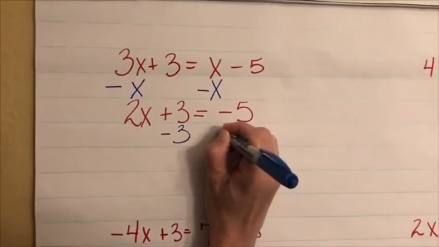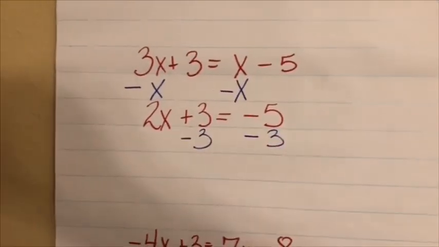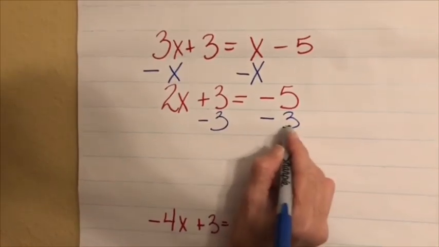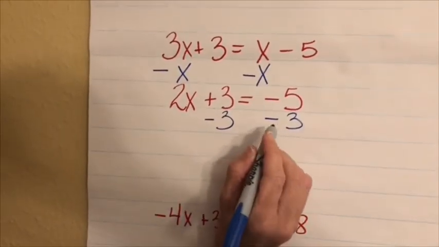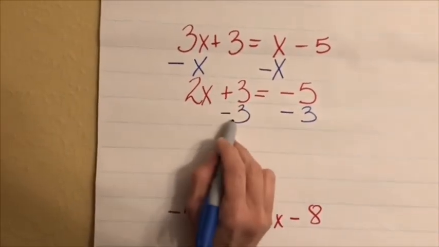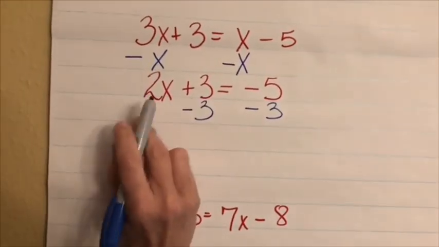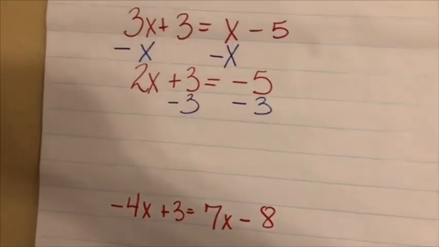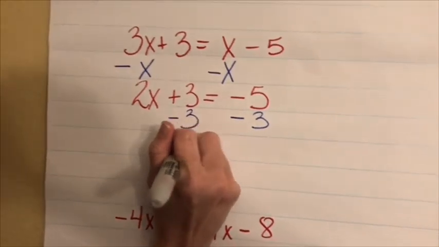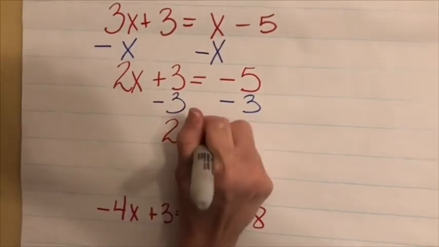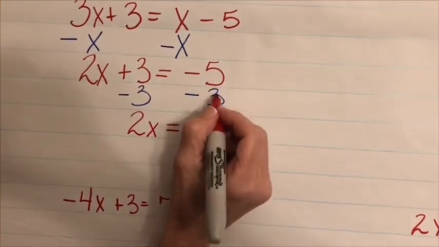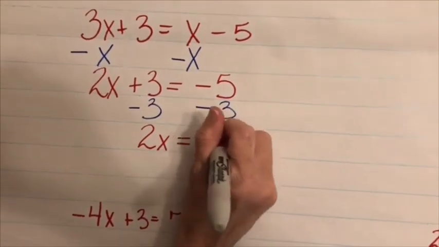Minus 3, minus 3, or plus a negative 3, plus a negative 3. It's the same thing. Right here, that goes to 0, and I'm left with 2x on the left equals negative 5 plus negative 3 is negative 8.